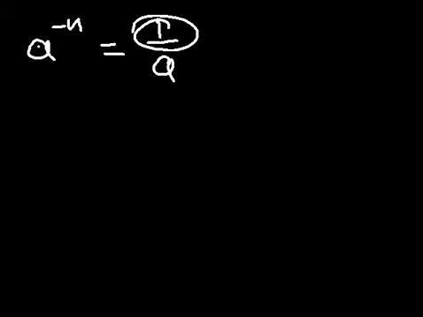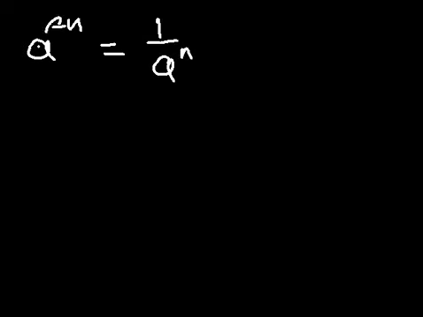And we also have what we call the negative power law. What is the negative power law? According to the principle behind the negative power, let's say we have a to the power negative n. Now this is the same as having 1 over a to the power n, by the way.